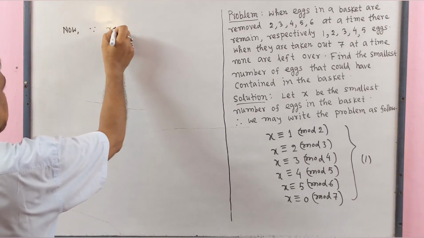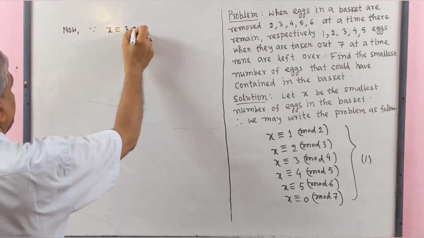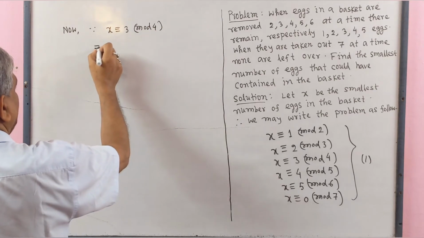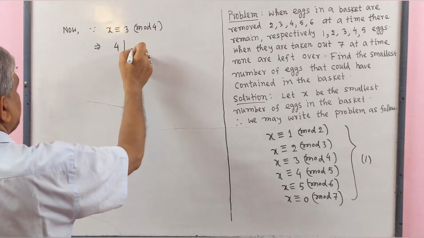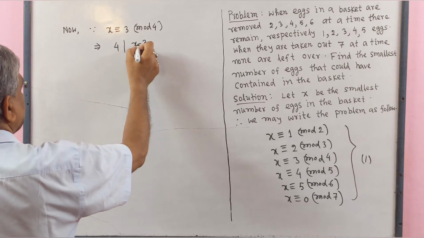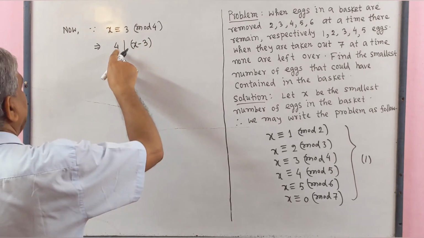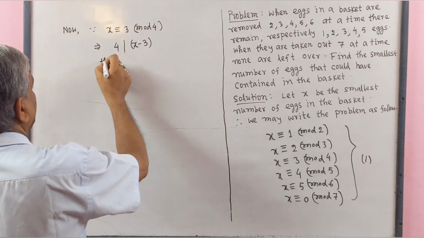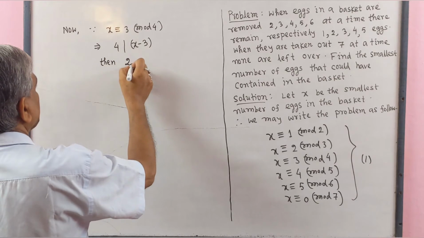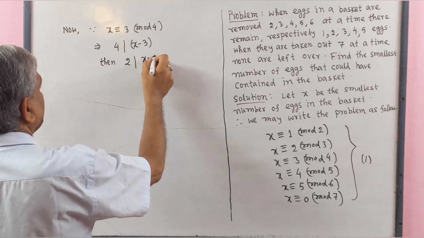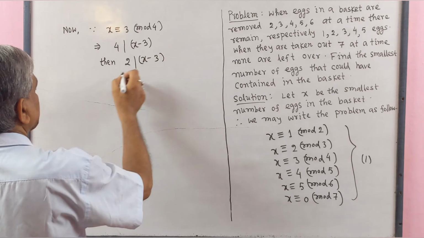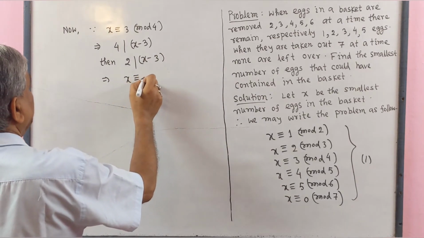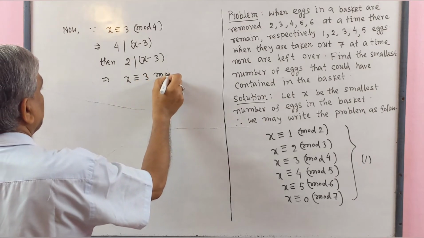Since x is congruent to 3 modulo 4, implies that 4 divides x minus 3, and if 4 divides x minus 3, then 2 also divides x minus 3, implies that x is congruent to 3 modulo 2.